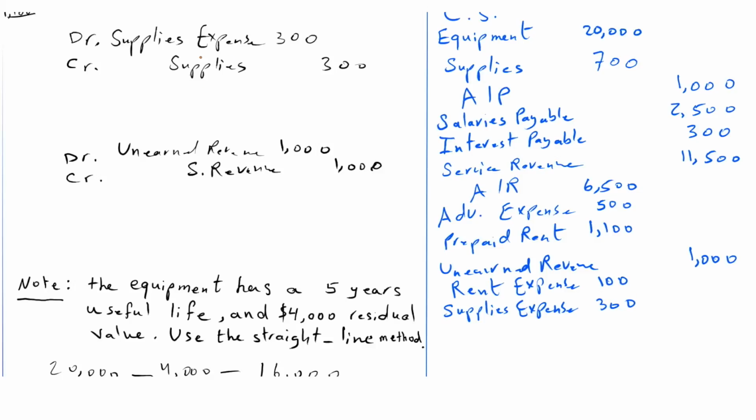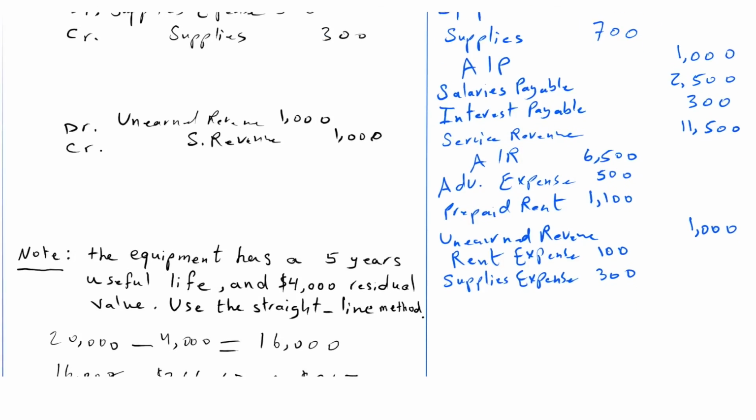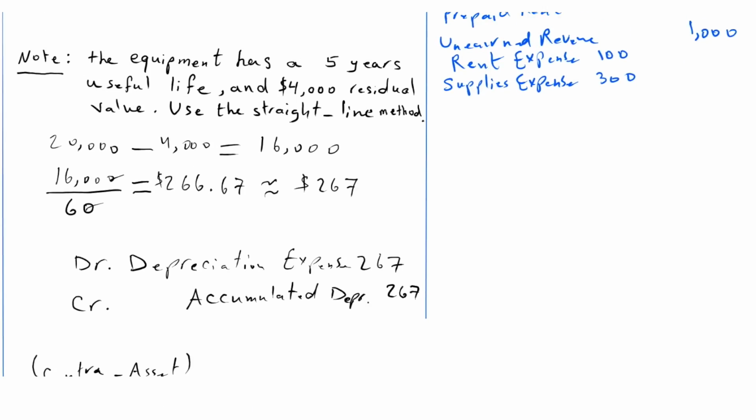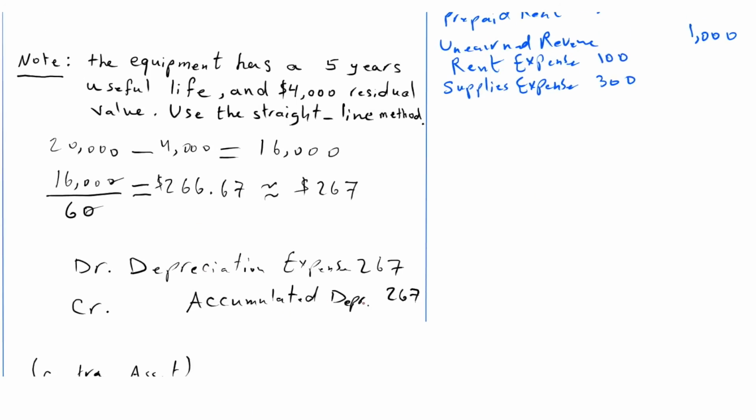And then the supplies, we already did that. We considered it. Unearned revenue, we did that. Service revenue, we already did that. Let's continue. We had the depreciation expense and accumulated depreciation. Those were not recorded yet. Depreciation expense is a debit balance account.